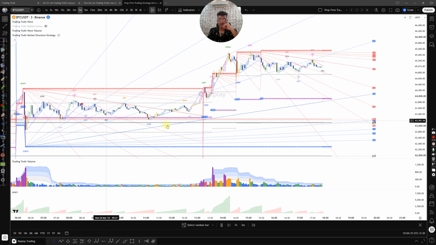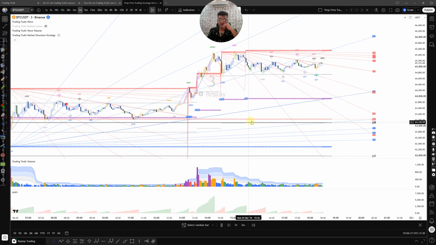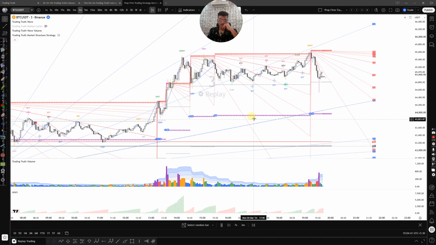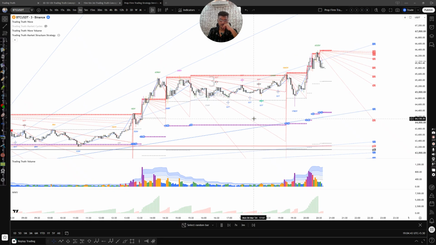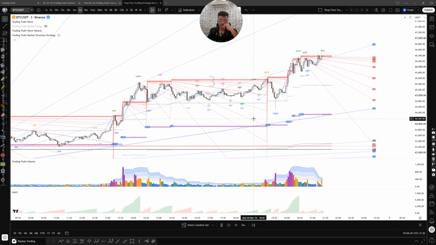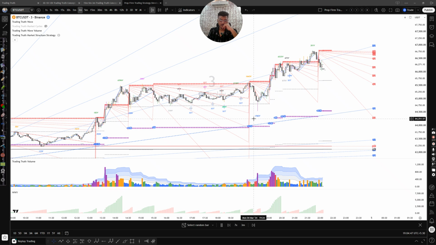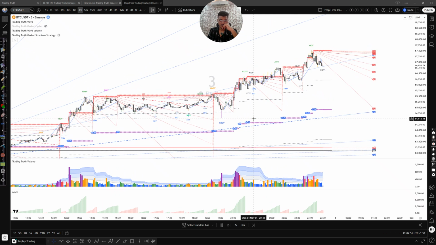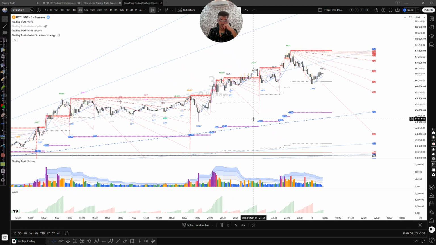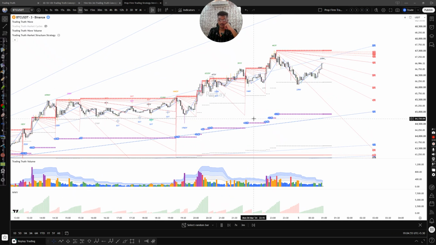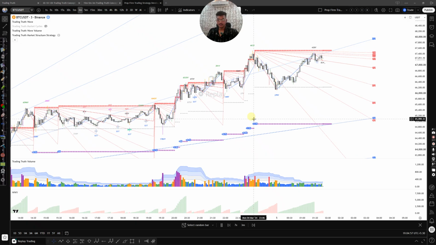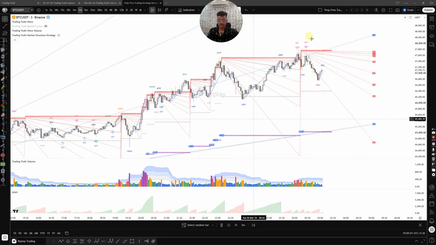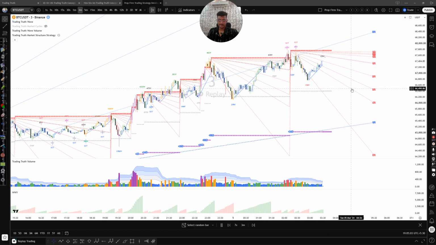This one either, this one here as well. Bearish divergence, a couple of them.